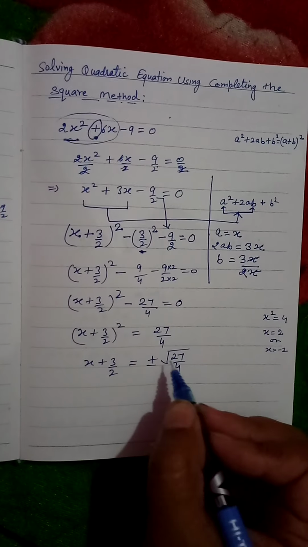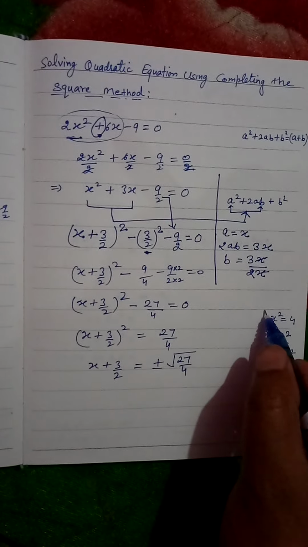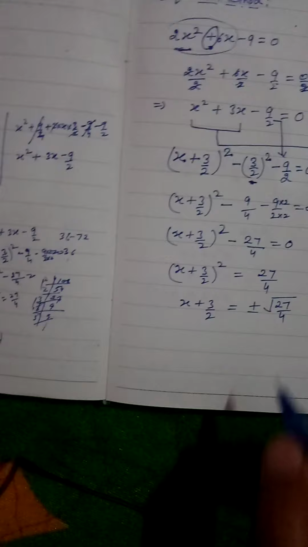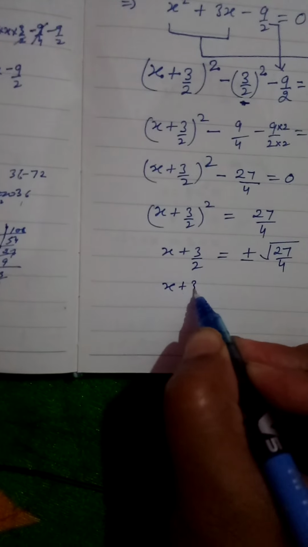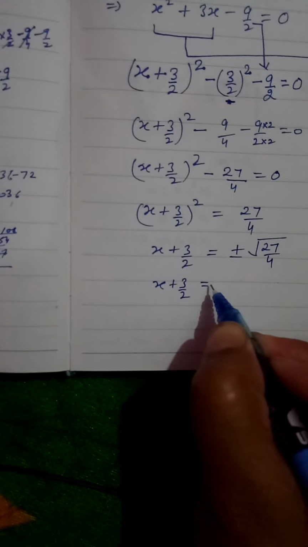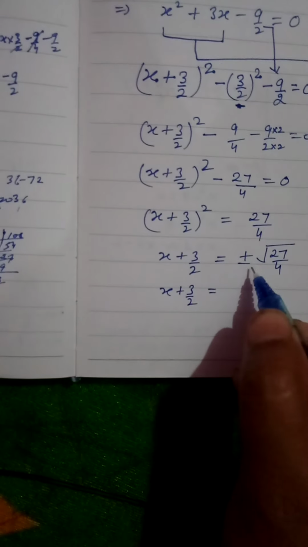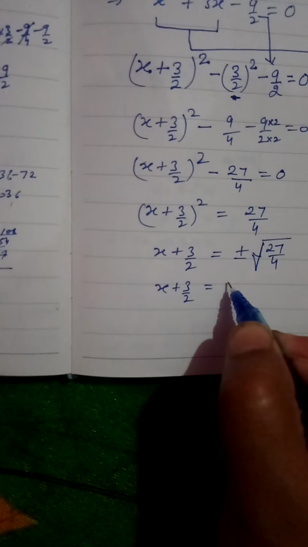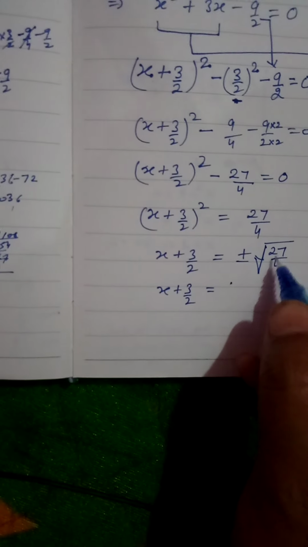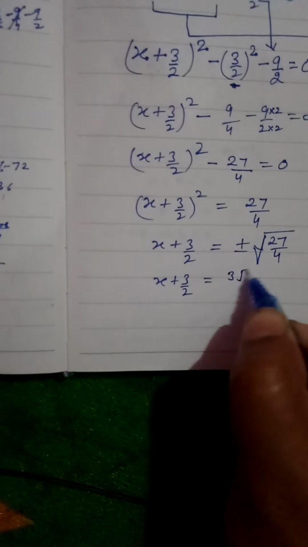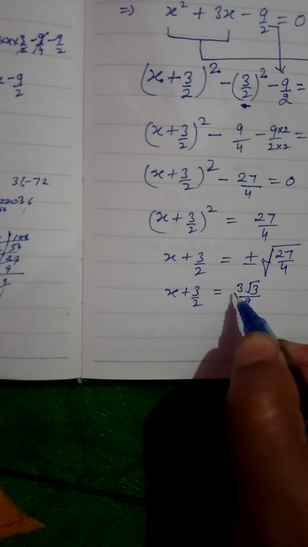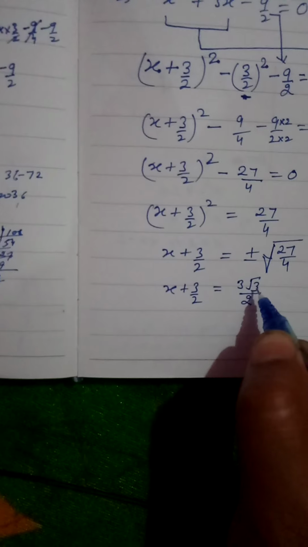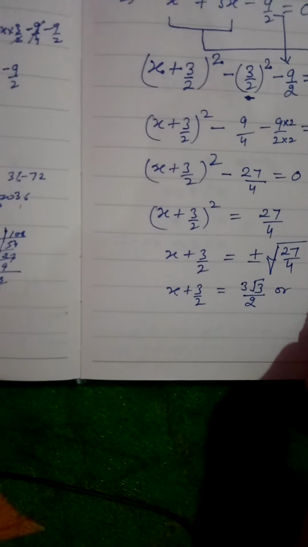That's why plus and minus, right? So now to simplify this further, you will get x plus 3 by 2 equal to, one time I will take positive, so root 27 is 3 root 3 and root 4 is 2. One time I will take positive 3 root 3 by 2, or one time I will take negative.